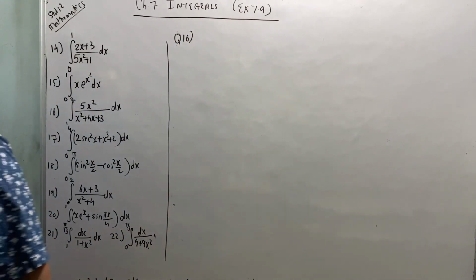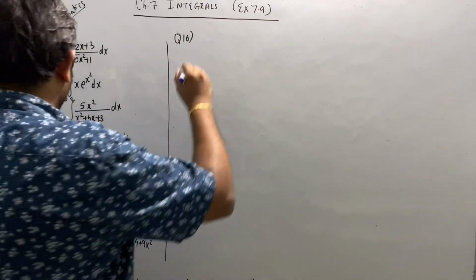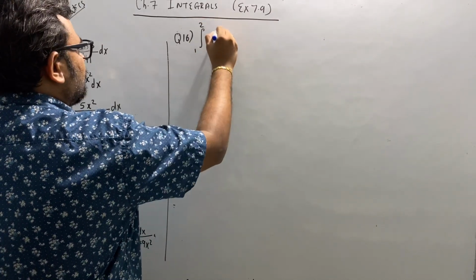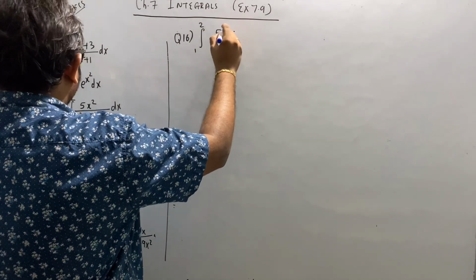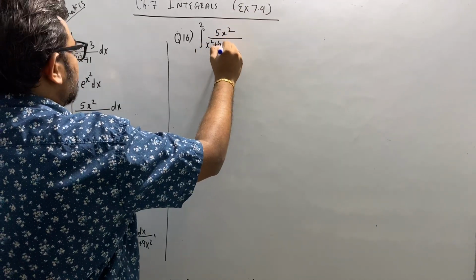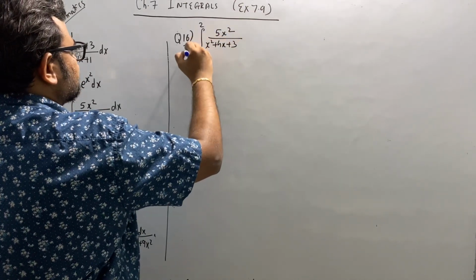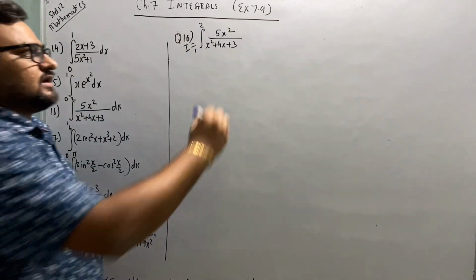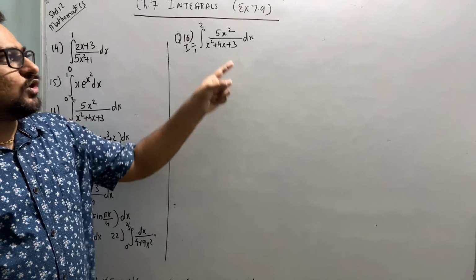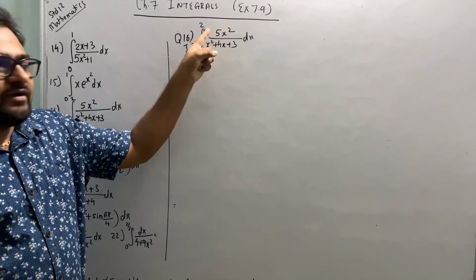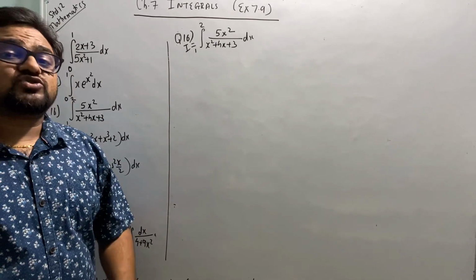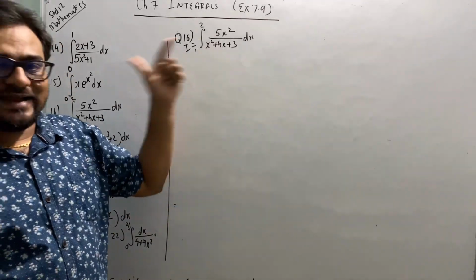Question number 16 is the integration from 1 to 2 of 5x square upon x square plus 4x plus 3 dx. Now see here, the degree of the polynomial in numerator and denominator is same. So what we will do, we will divide it.